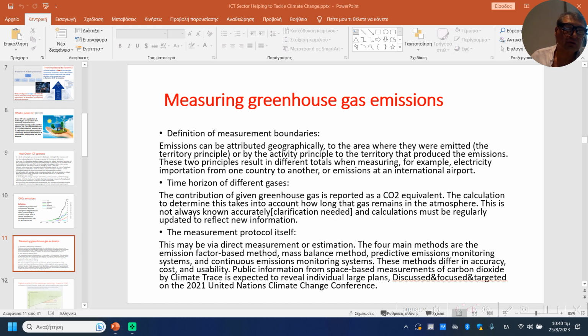First, I'm not going to read it. It's the definition of measurement of greenhouse gas emissions. It's written. Second is the time horizon of different gases which are to be measured, and the measuring protocol itself, which is used.